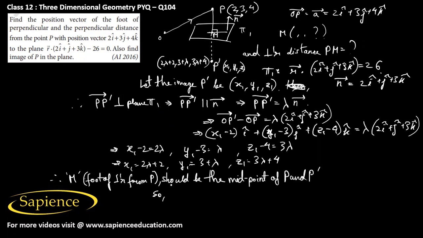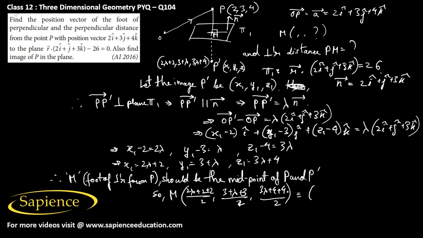So therefore the coordinates of the point M will be (2 lambda plus 2 plus 2) by 2, comma, (3 plus lambda plus 3) divided by 2, comma, (3 lambda plus 4 plus 4) divided by 2.